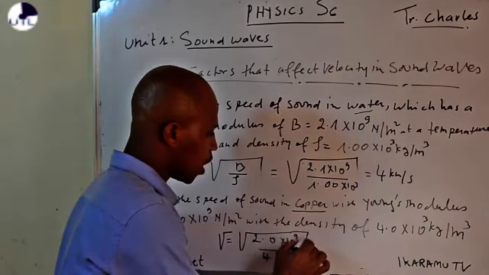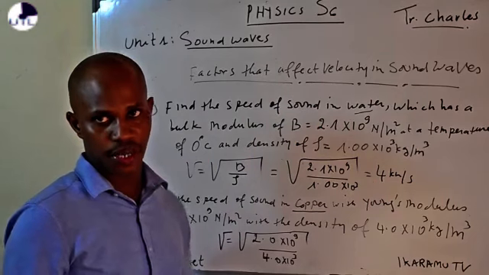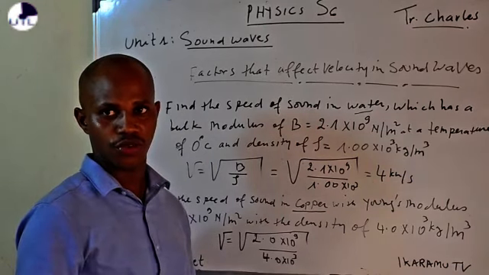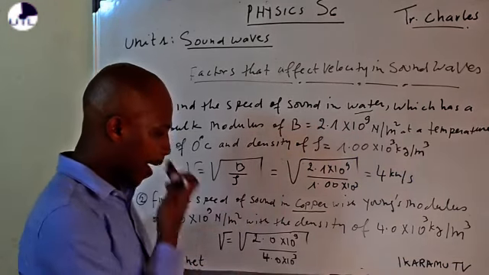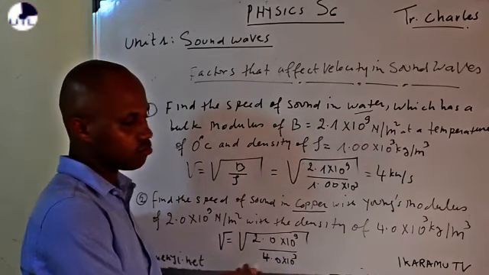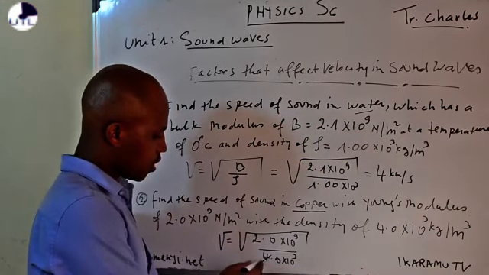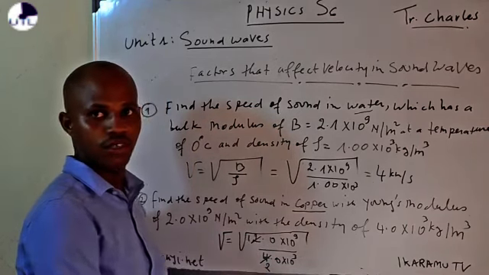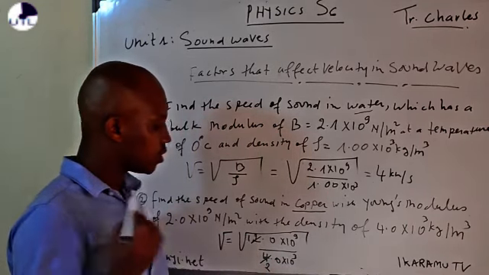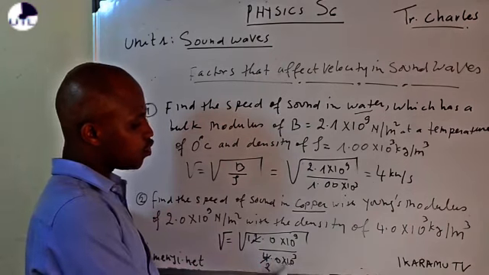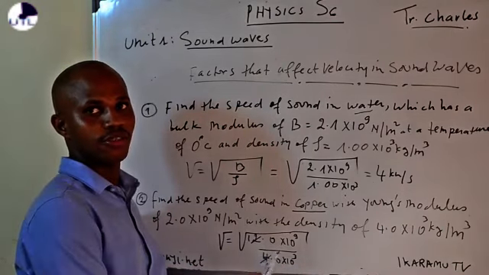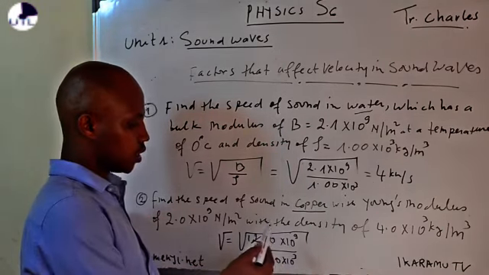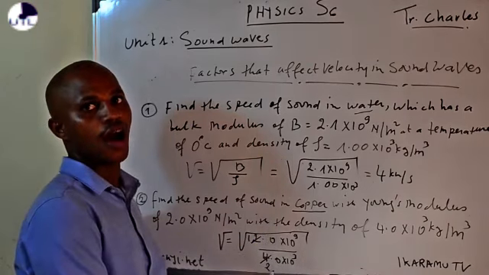Let me show you how, if you have a challenge with your calculator, there is a way that you can do this. For example, can I simplify 2 by 4? Very simple. Here I remain with 2, here I remain with 1. By using the property of powers, I can take this 10 to the power 3, it becomes 10 to the power -3 when it moves up.